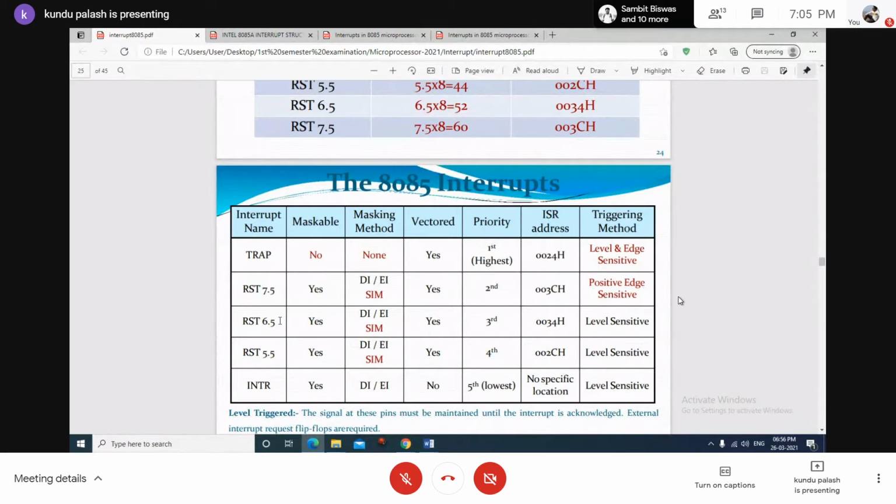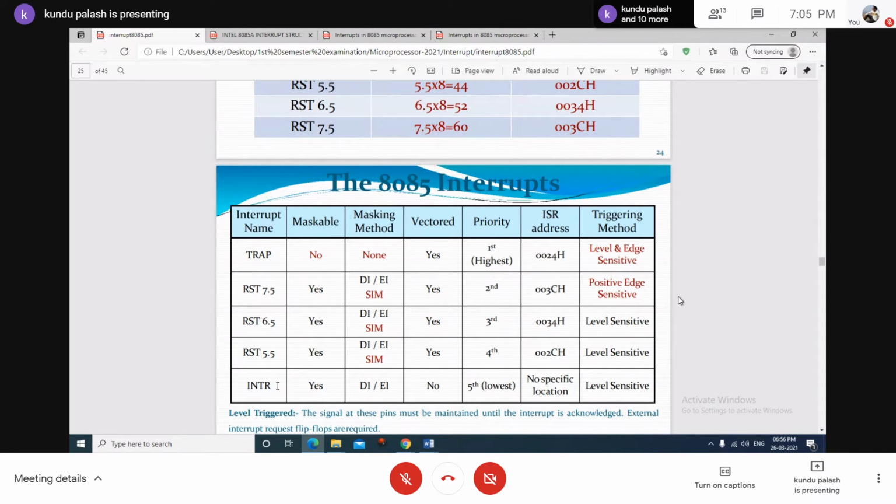Again, RST 6.5 is called level sensitive, meaning the 6.5 vector interrupt will be initiated according to the level sensitive interrupt request signal. That means it must be high. Otherwise, normally it will be low. So RST 5.5 is again level sensitive like 6.5.